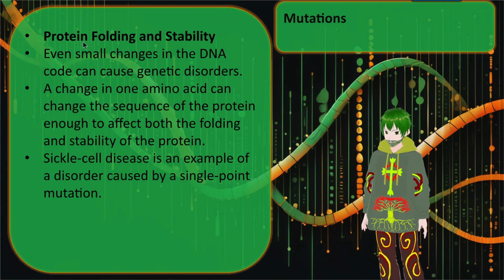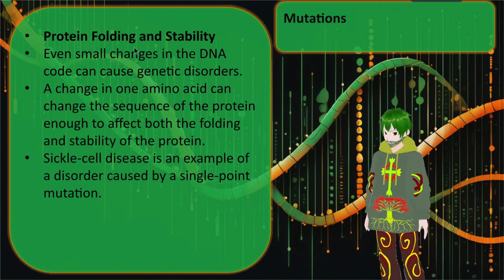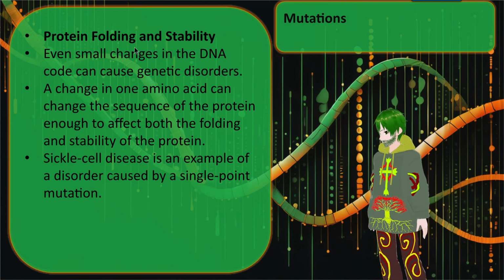The first level is just what amino acids are put where, and that's determined by your DNA code. And so mutations in your DNA code alter which amino acids are put in which order, right?